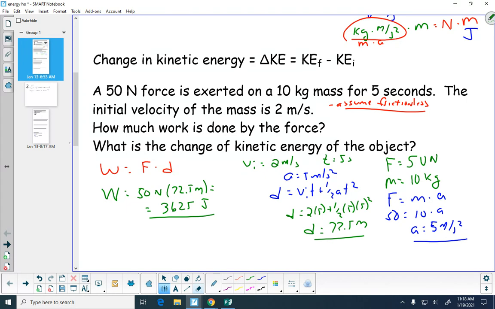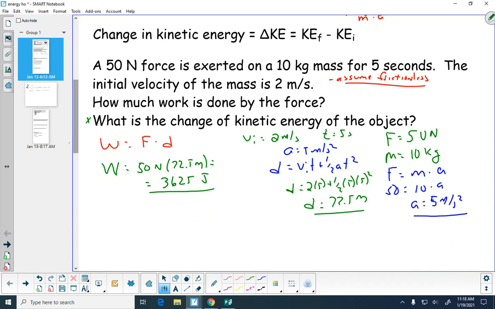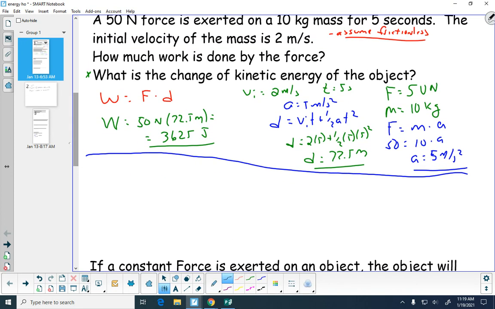All right. Let's find the change in kinetic energy. So let's find our initial kinetic energy, which is 1/2 m v initial squared.